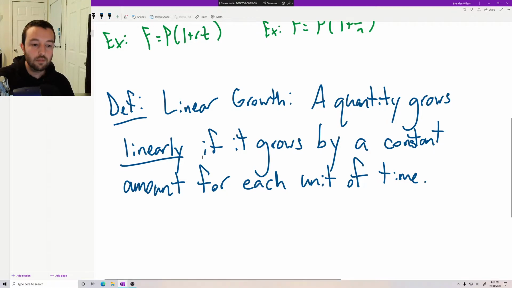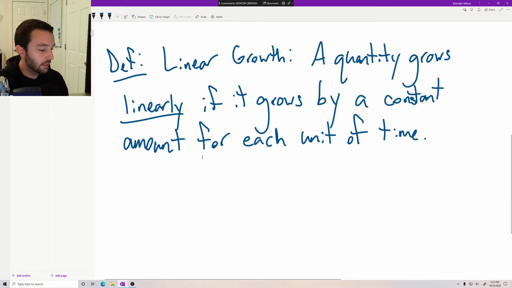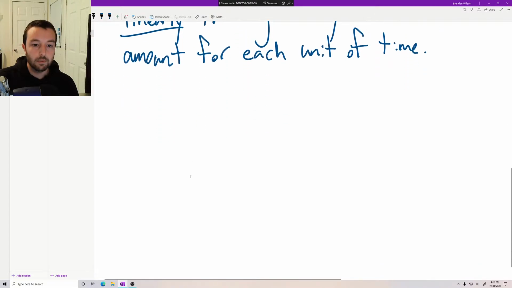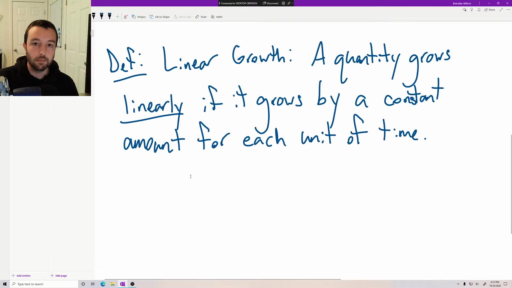Yeah. So a good example of this that you would have seen in any kind of college algebra class you took, or any kind of high school algebra class if you've been in high school recently, you would have learned an equation called y equals mx plus b. Okay, we're going to use some different letters here, but I'll just write down this equation y equals mx plus b.